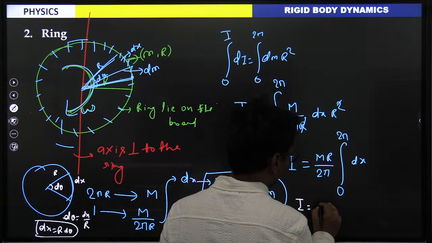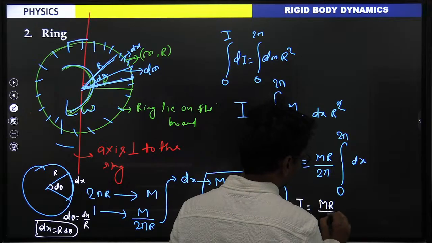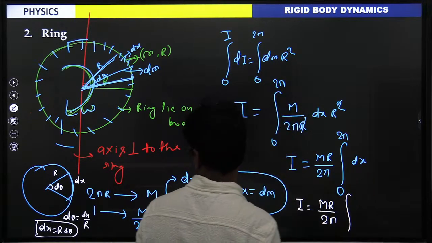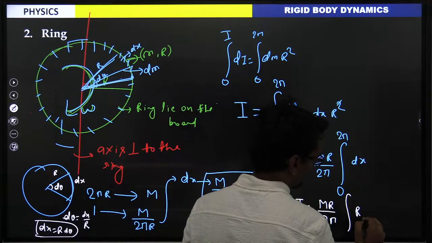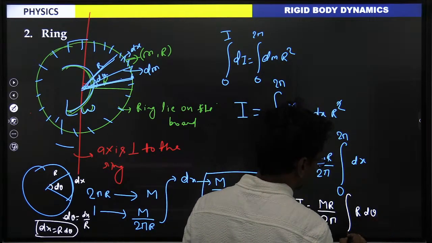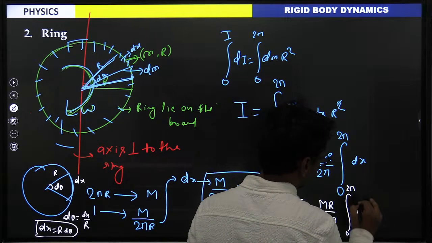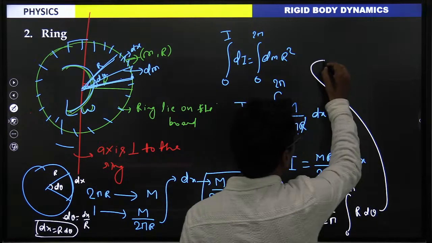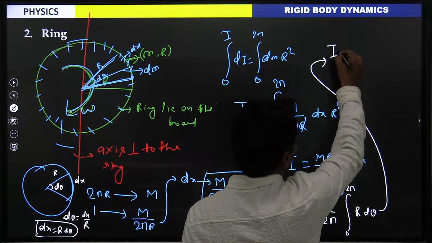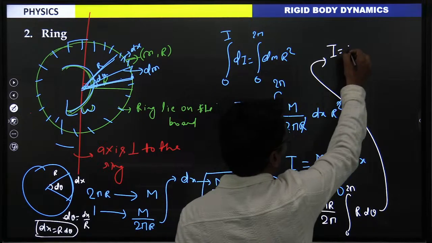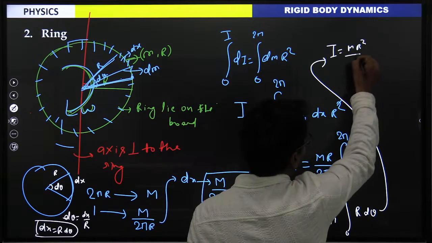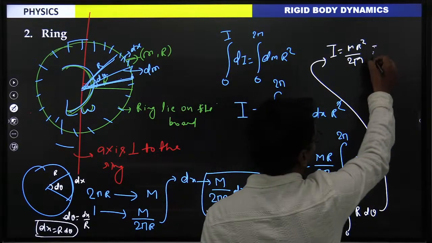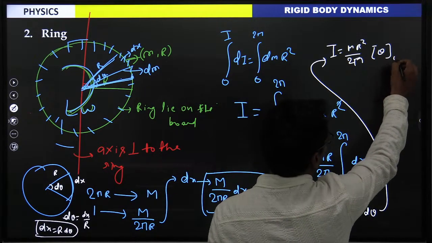So we can put here I is equal to m r upon 2 pi, and in the place of dx we put r d theta from 0 to 2 pi, and after integrating this you will find I is equal to m r square upon 2 pi, and the integration of d theta is theta, and the limit is 0 to 2 pi.